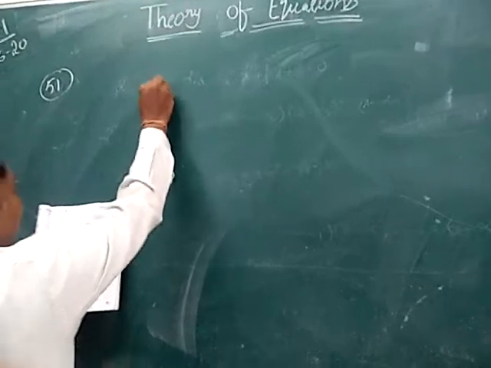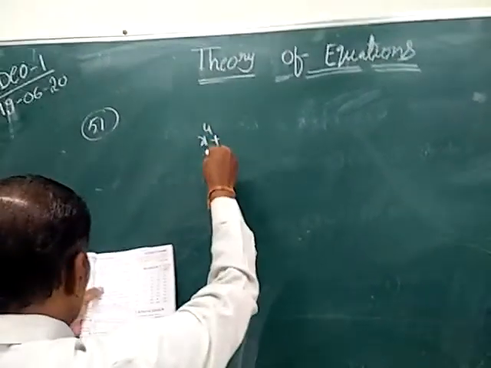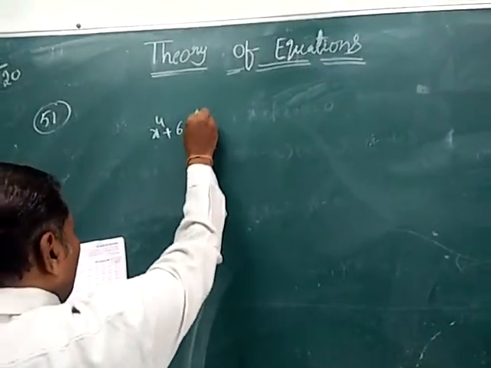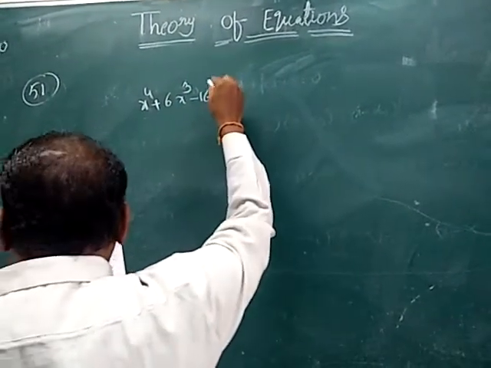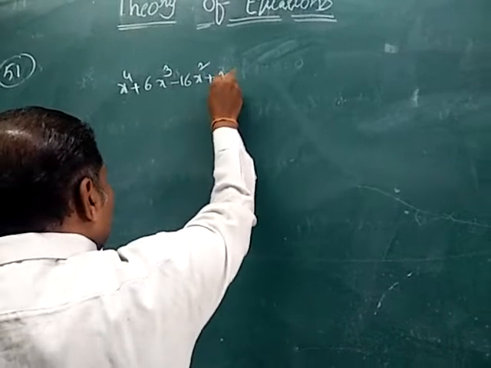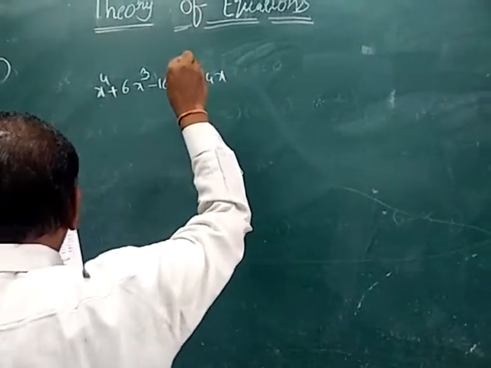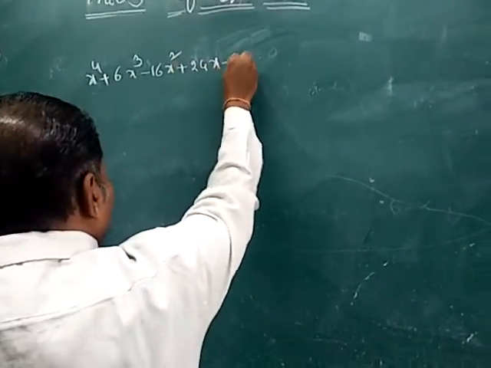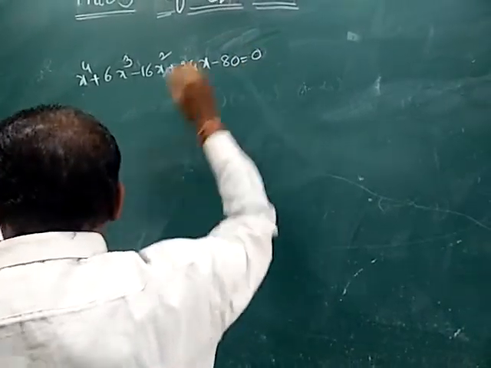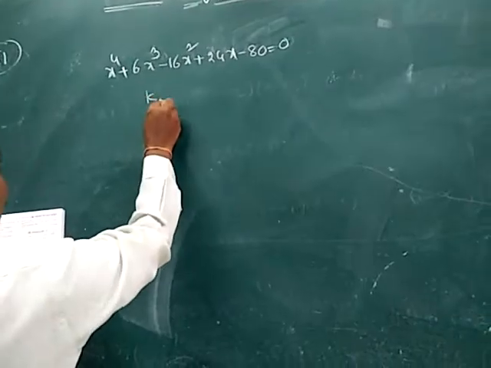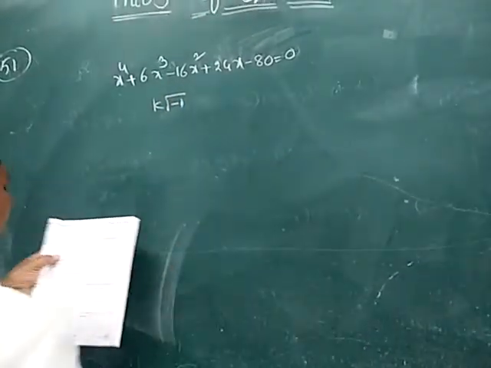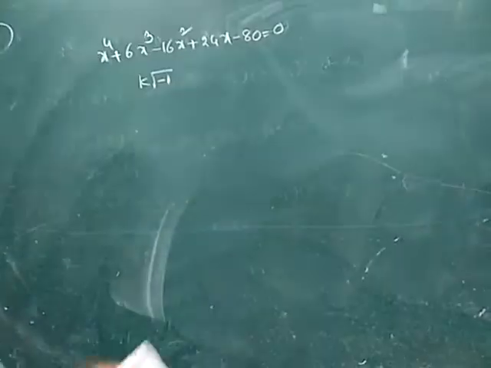x^4 plus 6x^3 minus 16x^2 plus 24x minus 80 equals 0. k into root minus 1 is a root.